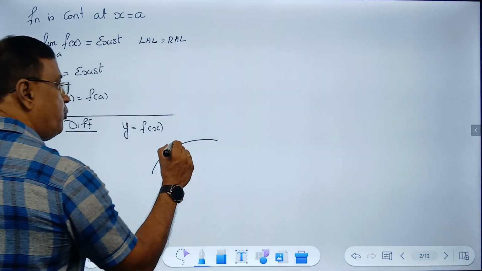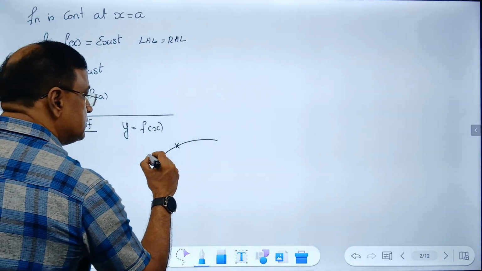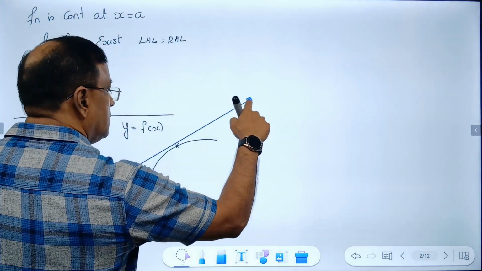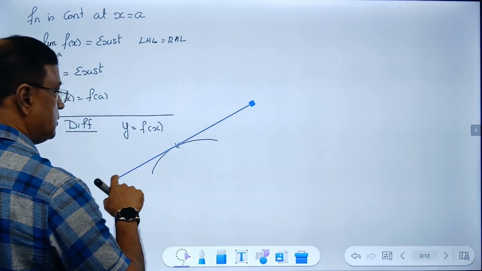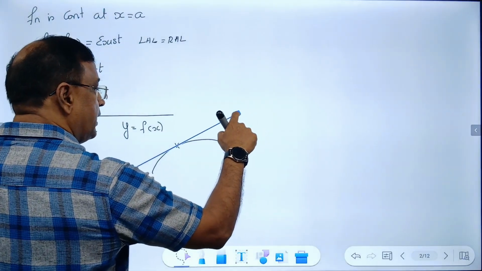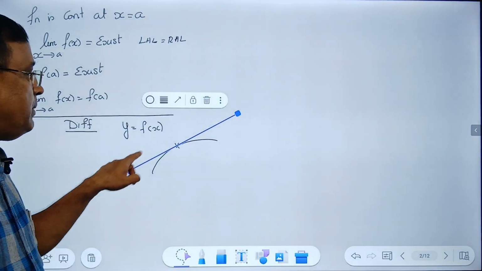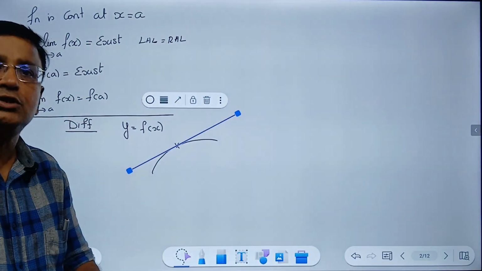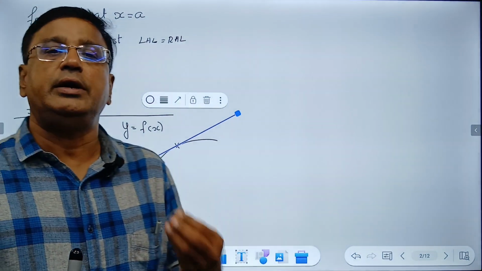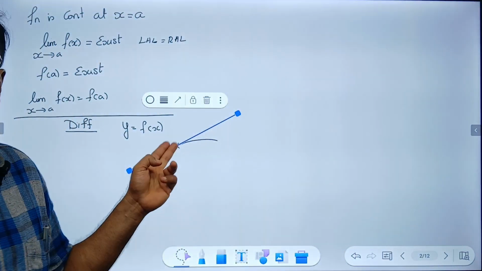There are infinite points on the curve where I can draw a tangent, a line that touches the graph exactly at one point. If I'm able to draw a tangent, it is possible for me to differentiate, because the geometric meaning of dy by dx is the slope of the tangent to the curve at each and every point on the curve.